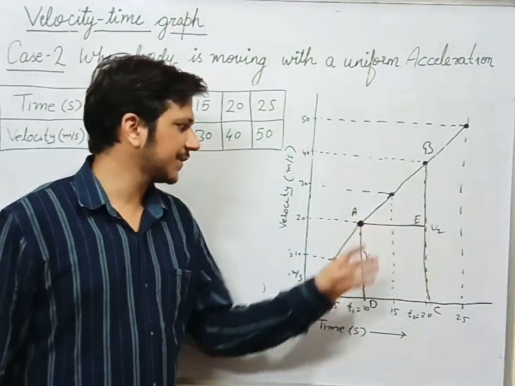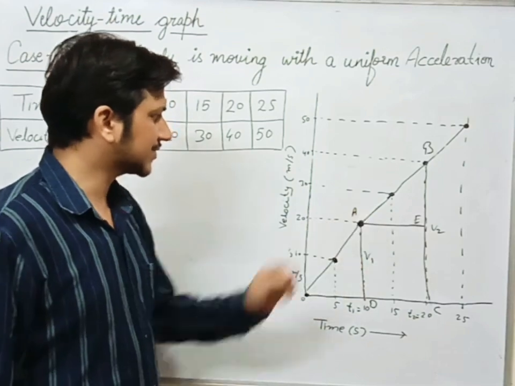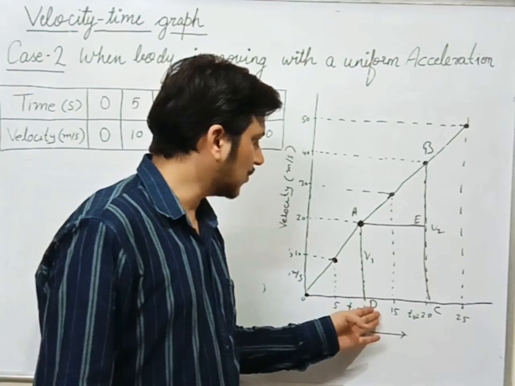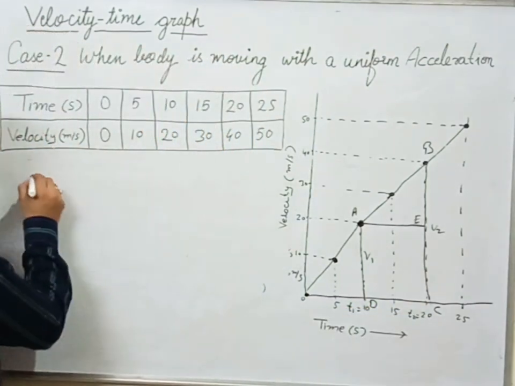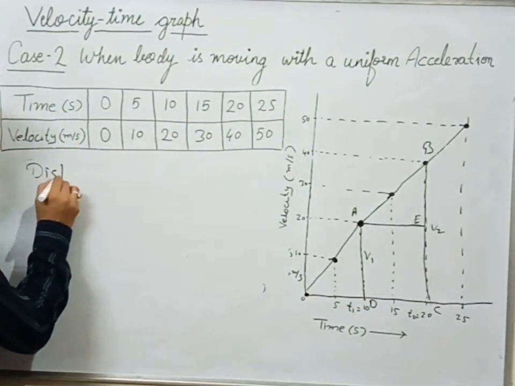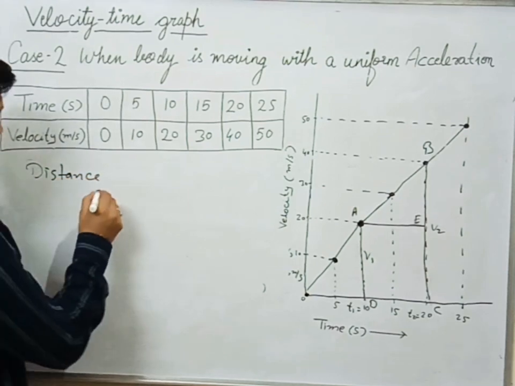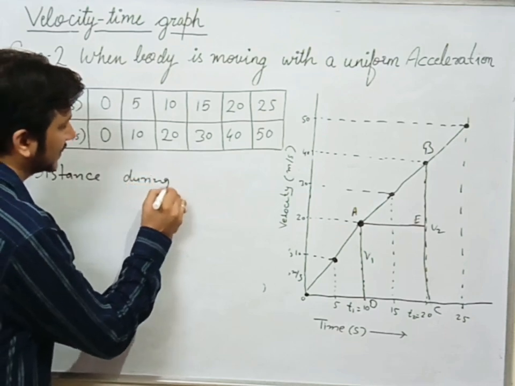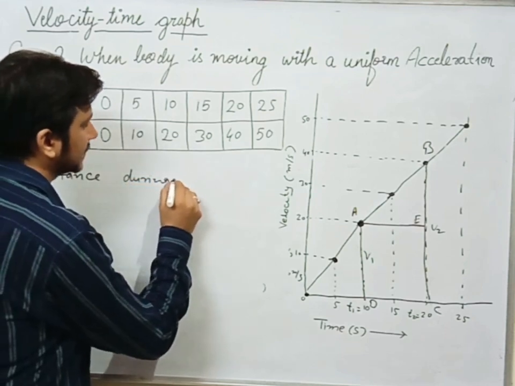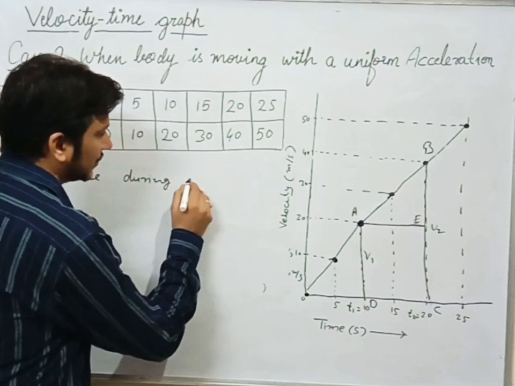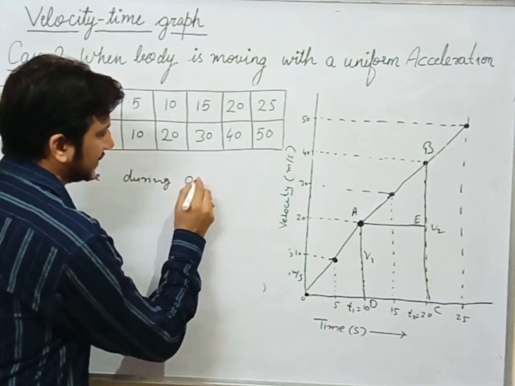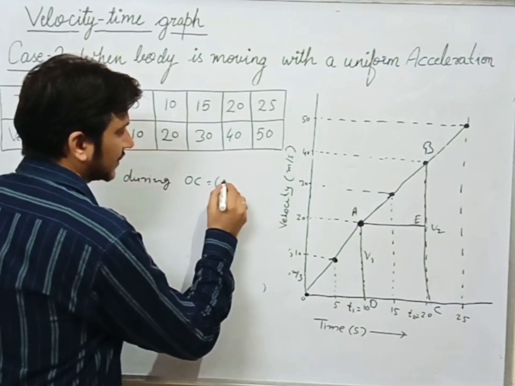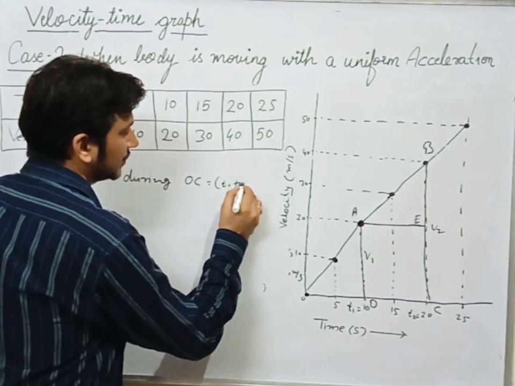Now by this graph we can also find the distance or the displacement during the interval of time OC. We will find the distance of the object during the time interval OC, and OC means T1 to T2.